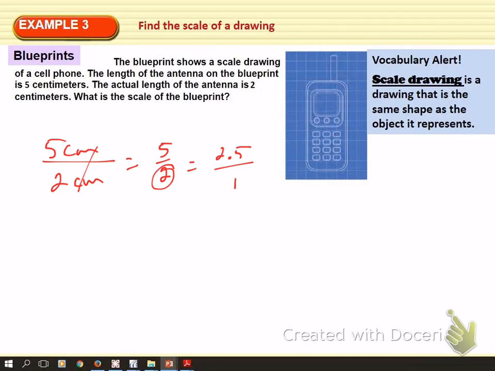So what that means is, and we can keep the units in actually, for every 1 centimeter of the actual phone, we're going to make that 2.5 centimeters in the drawing, remembering that this was the drawing compared to the actual phone. So we're blowing it up. Okay?